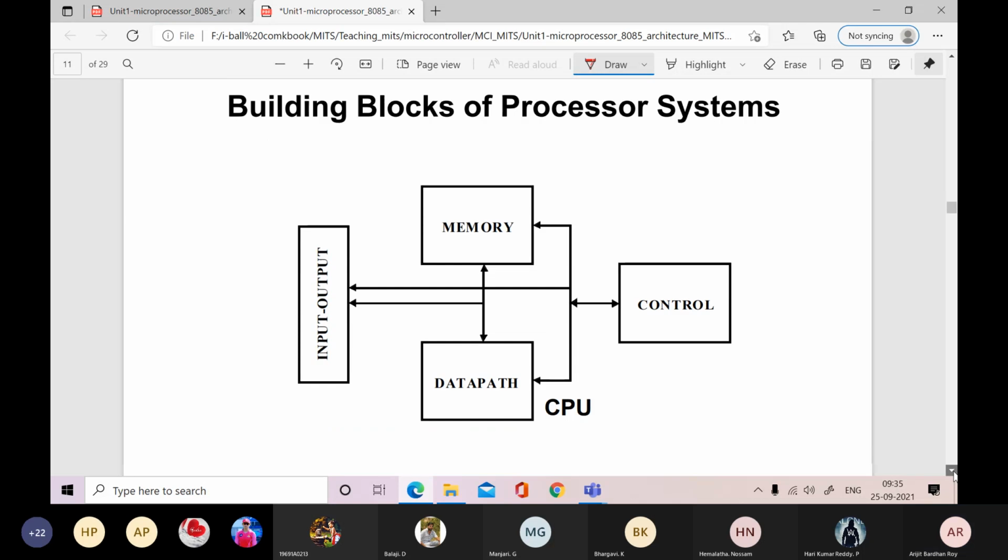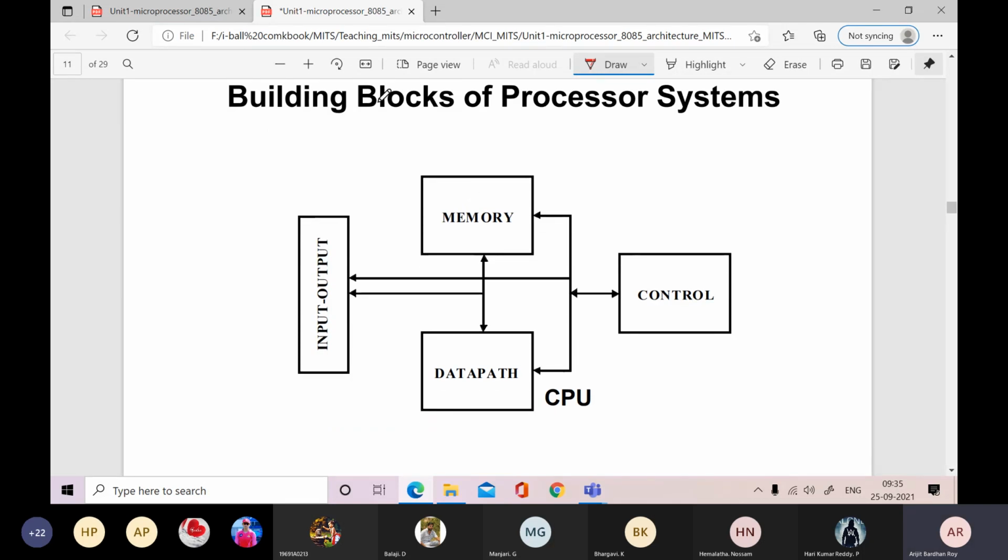So this is the basic processor architecture. Now I am going into the technical part. For the first time I am entering the technical part. So, the building blocks of processor systems.